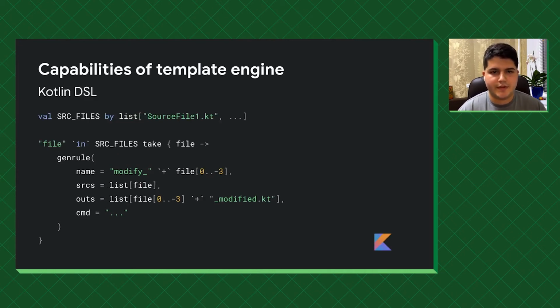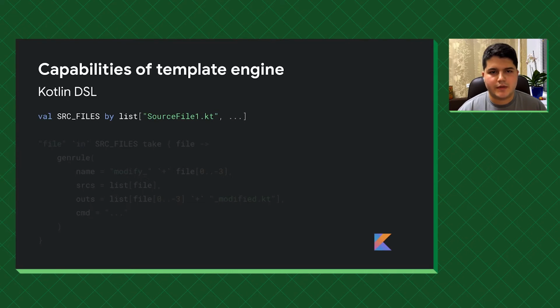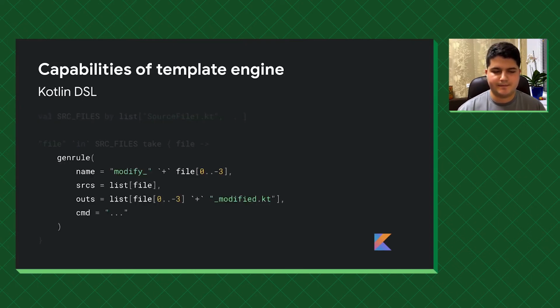So here you can see the valid Kotlin code and the usage of DSL that Airin provides. So let's see in details how it works. So first we can define and generate the variable assignment. And it's important to note that this SFC files list would be the type of list of strings, which provides a type safety.